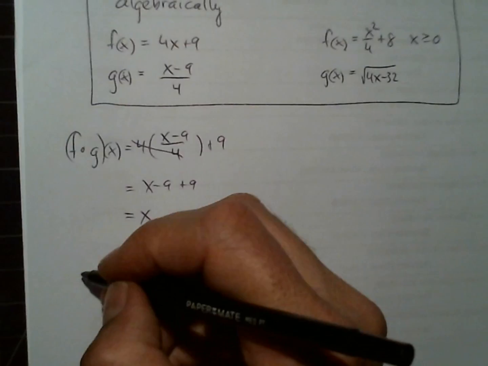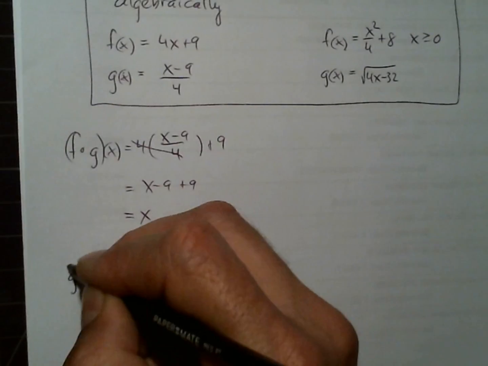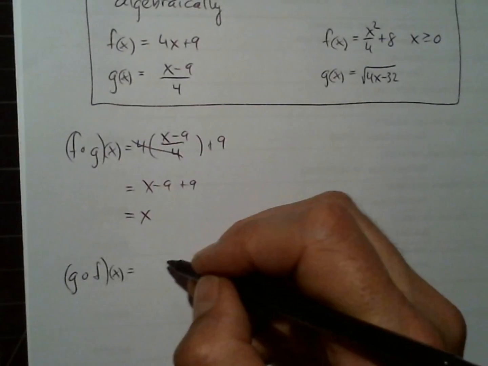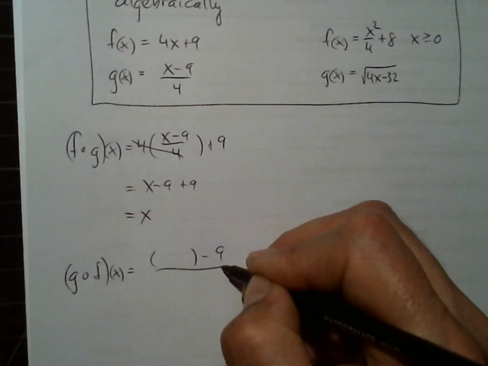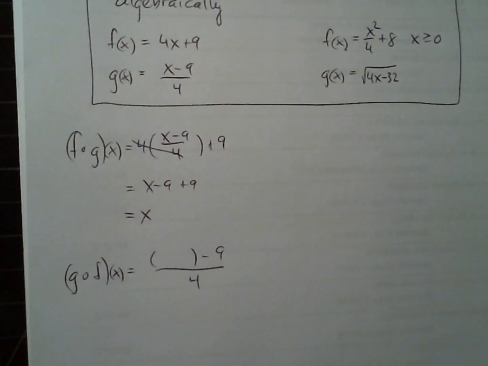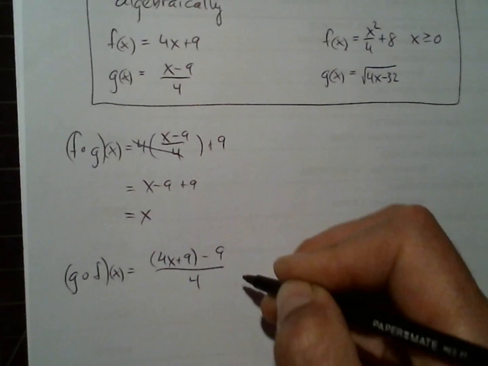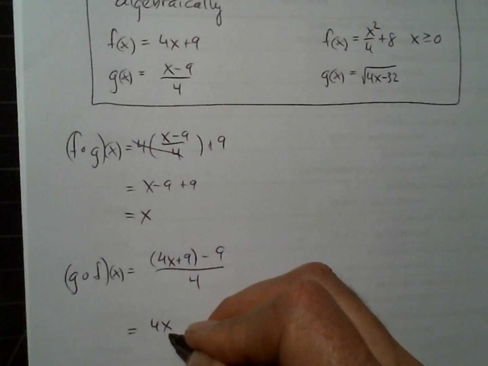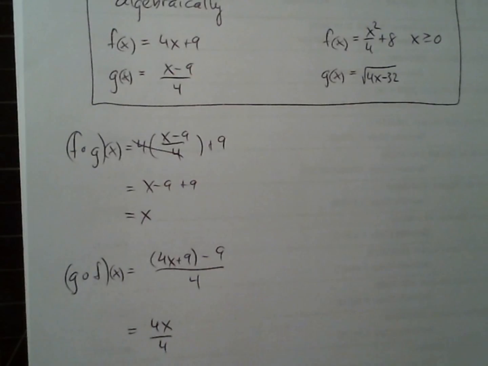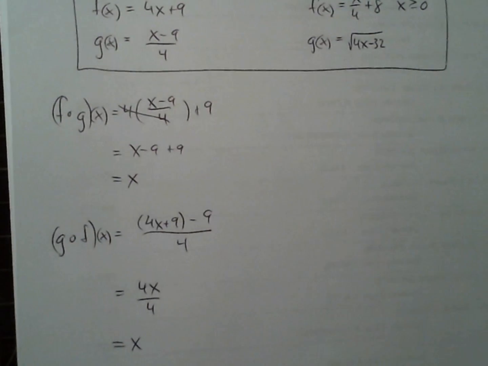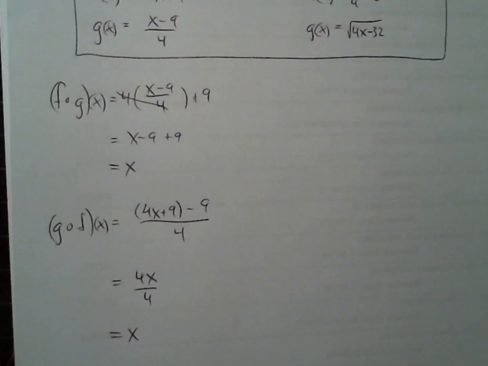So then we'll do g of f, and we copy g, leave a space, and put in f. Therefore, f and g are inverses.